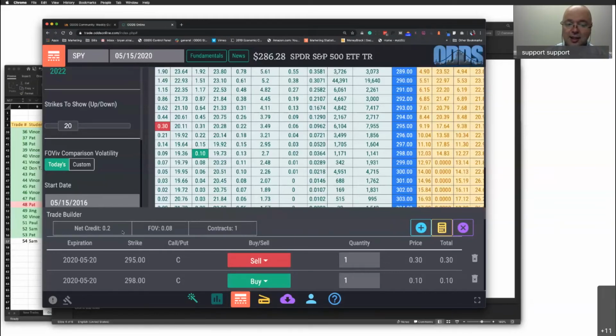Is 20 cents enough? Well, in the worst case scenario, it should be priced at 79 cents. So 20 cents probably isn't enough.